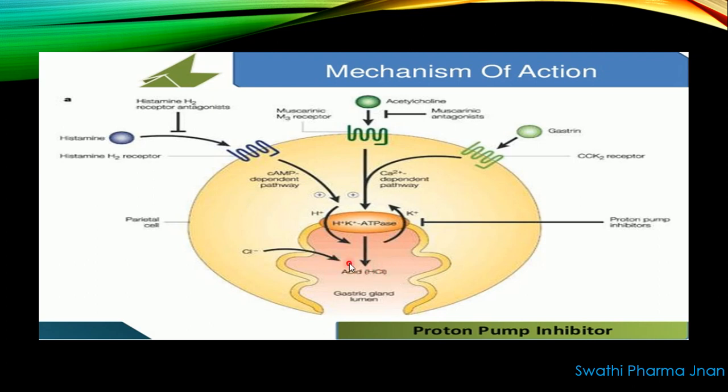This is the lumen part, the inner layer of the stomach, where excessive HCl production occurs because of the proton pump. If we inhibit the proton pump, HCl will not be released. If HCl release decreases, then gastric lumen ulcers can be reduced.